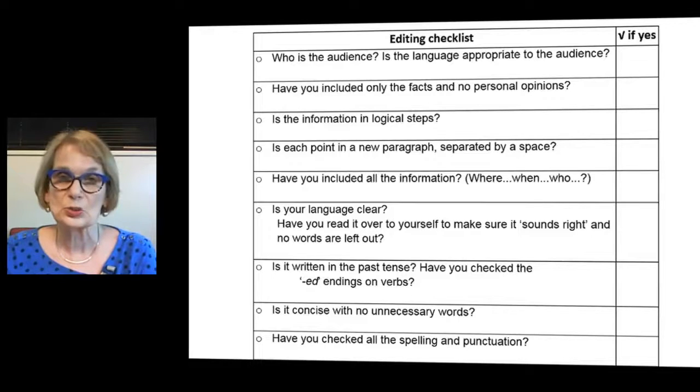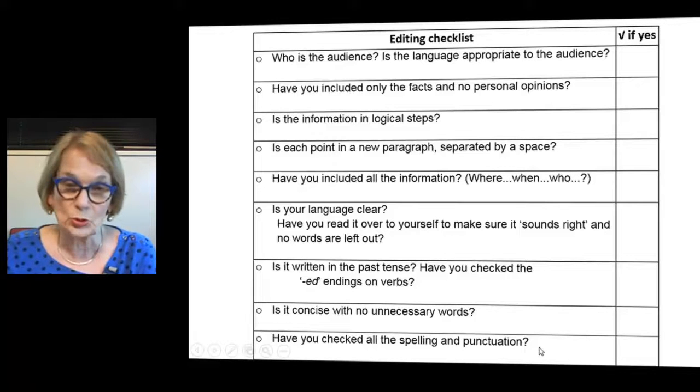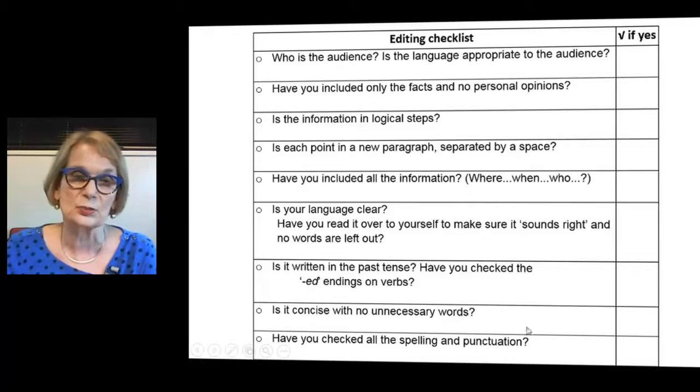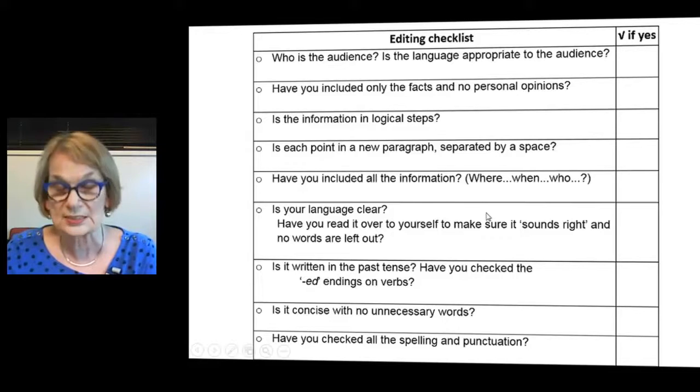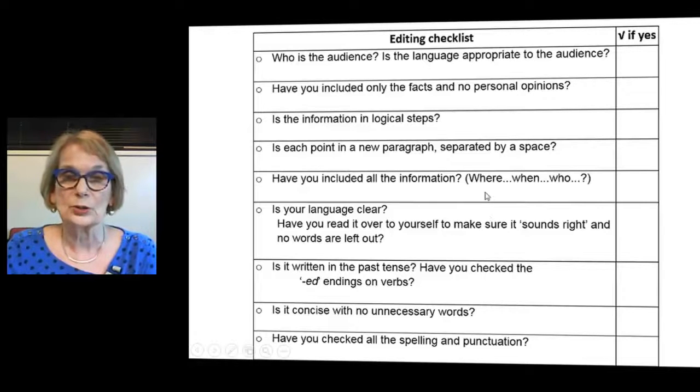Some teachers use a sort of skeleton one that has the criteria that you use all the time, like spelling and punctuation, concise with no unnecessary words, and whatever, and then some that are particular to the particular text type that you're working on. So give them the editing checklist and let them have a look at that.